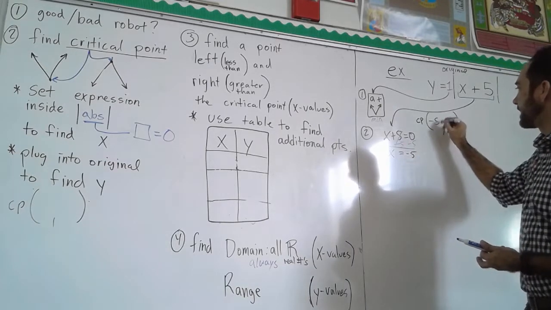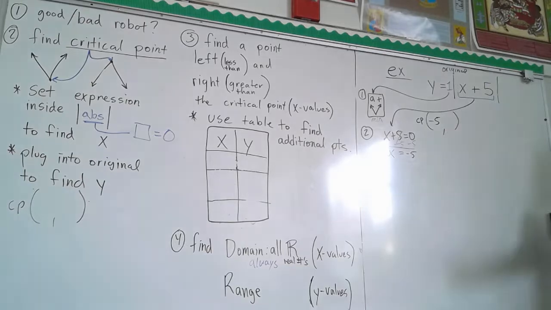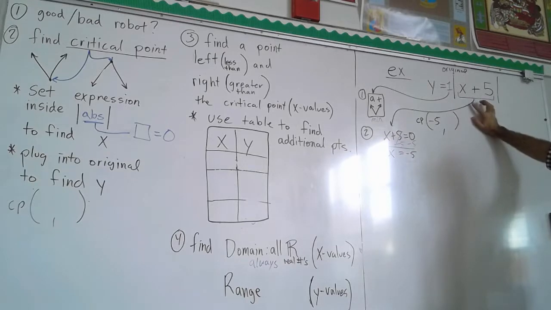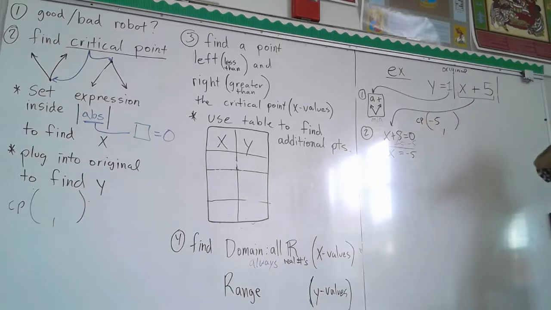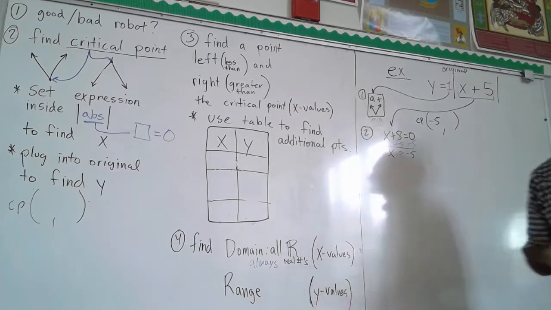So I just found out my critical point has an x value of -5. This is the step for finding the critical point, and it's going to be the first step we do every single time. From there on out, it's very similar. We're just going to be plugging in 2 other points that we get to choose.